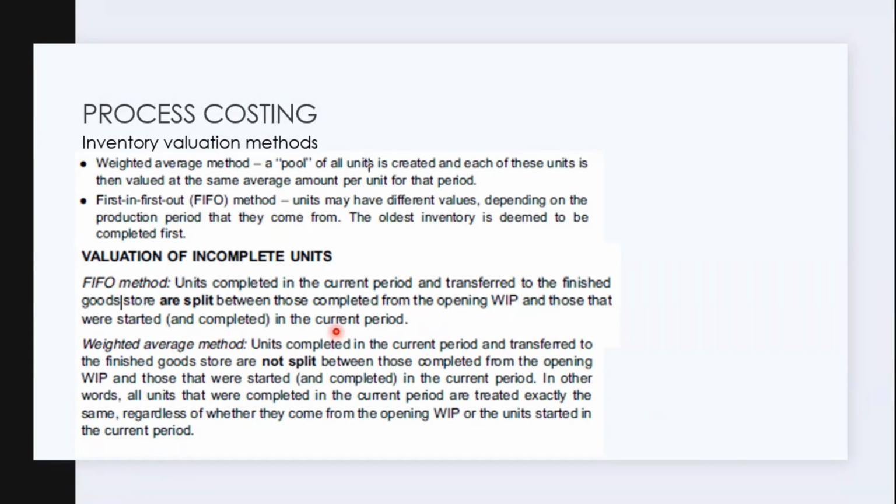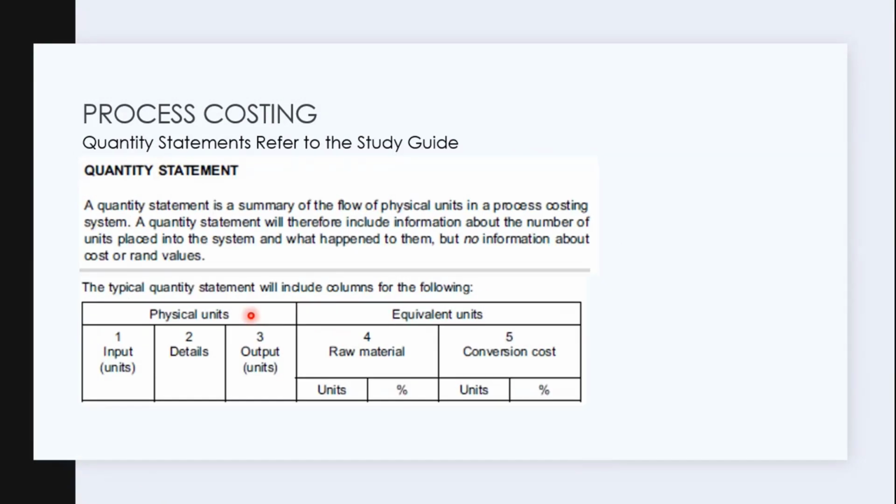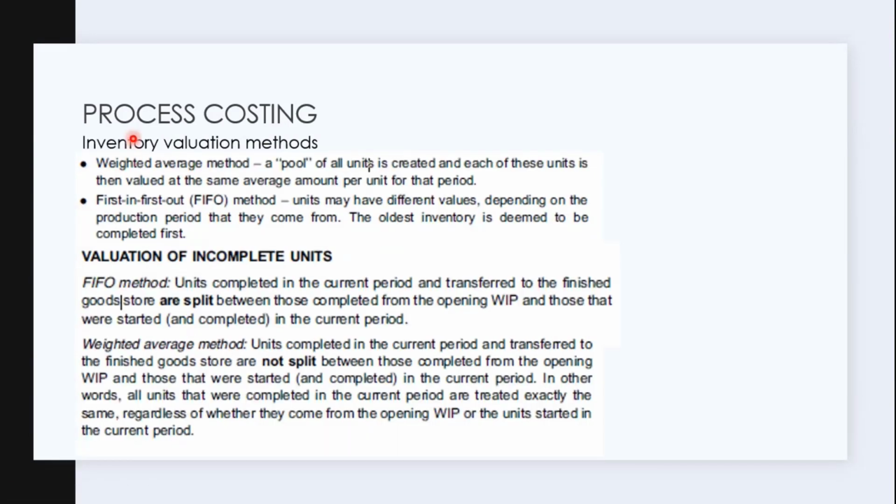Very important that you know this. We'll see the valuation of incomplete units with the question. First in, first out splits between opening and the cost for the current period, but with weighted average there's no split.